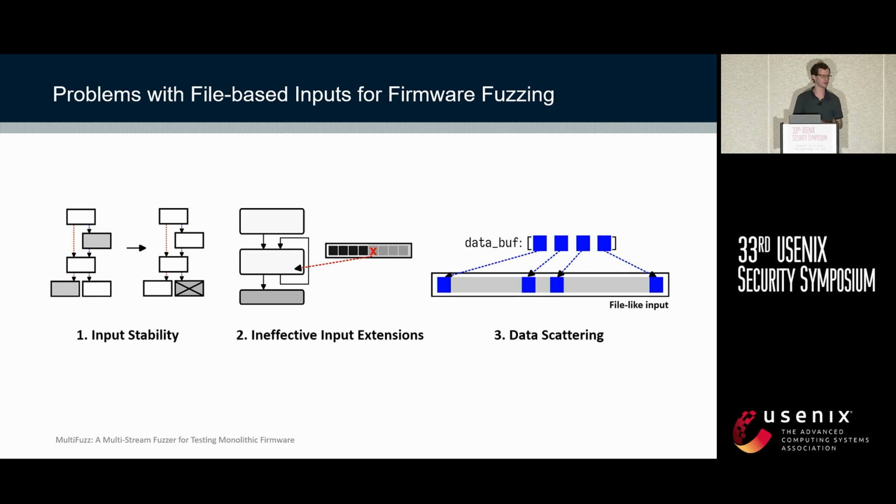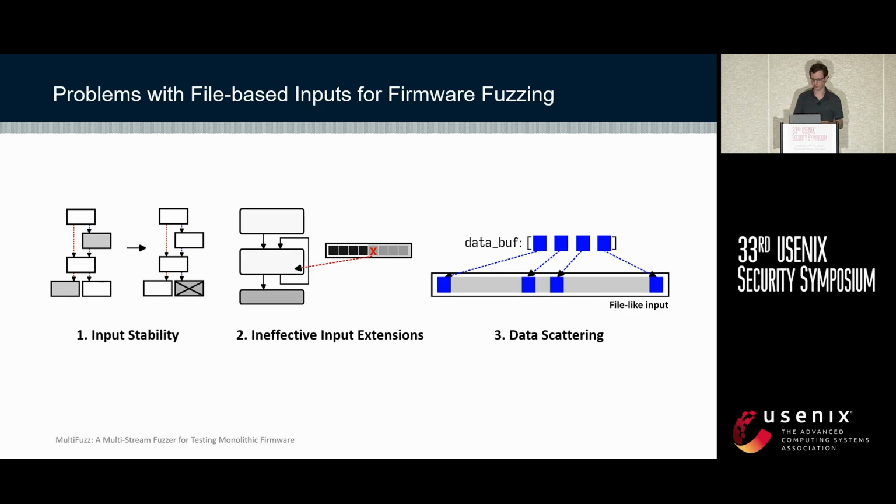And so for our research, we focused on three key problems in these types of file-based fuzzers that cause them to behave less well for firmware fuzzing. The first is input stability, which is about how a small change to the input can have a drastic influence over how the input is eventually consumed.